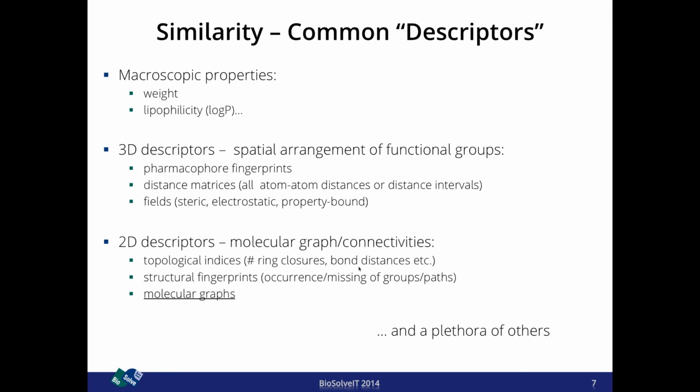Or certain structural fingerprints which encode ones and zeros for the occurrence or absence of certain functional groups or elements, and so on. And various flavors of different molecular graphs, which we'll talk about in the course of this webinar.